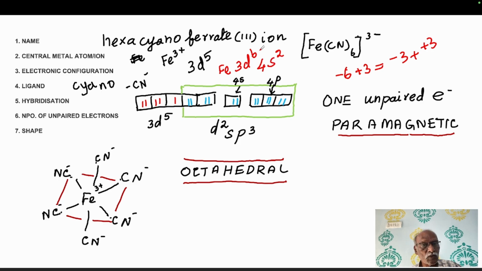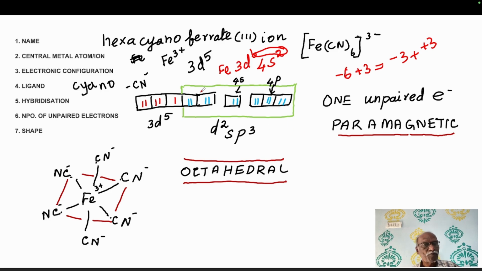If you knock out 3 electrons from it, 2 from s and 1 from d, we have 3d5. That's why it is 3d5, because as the tripositive ion, 3 electrons from the iron atom are removed, resulting in 3d5.